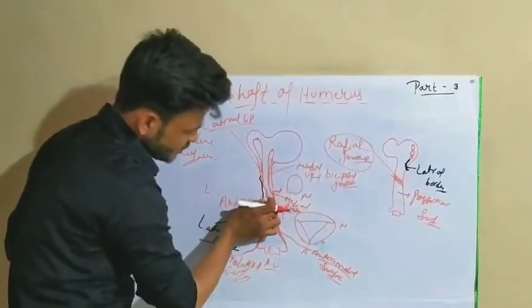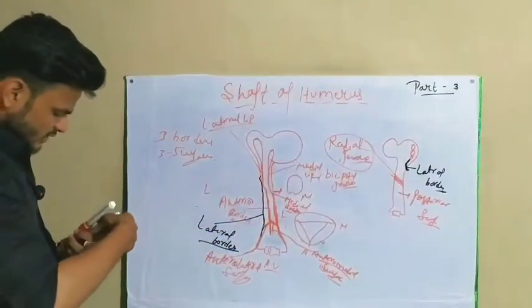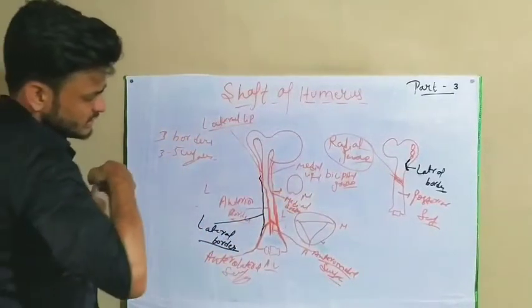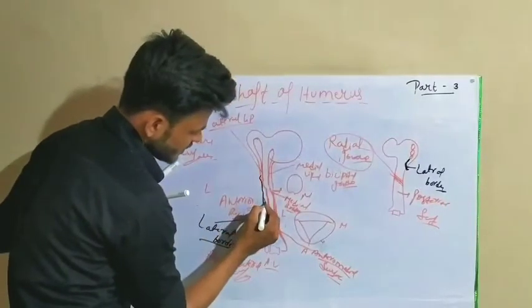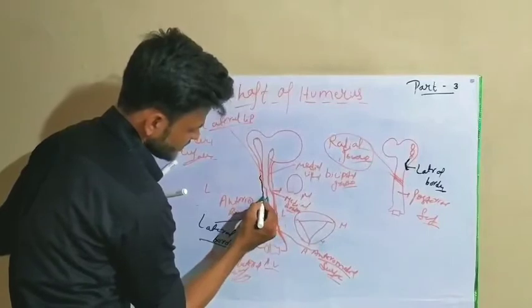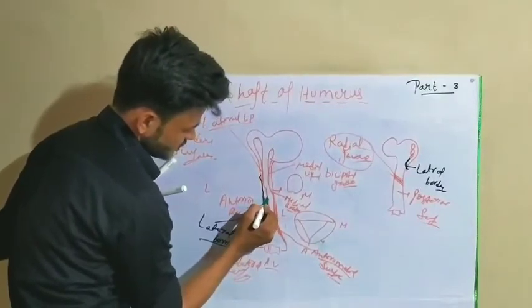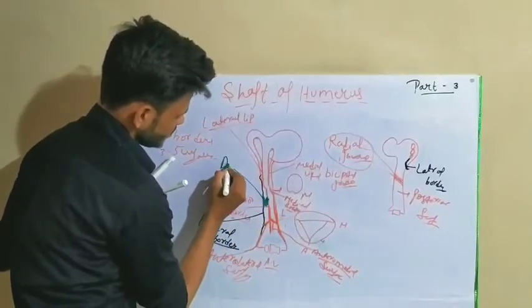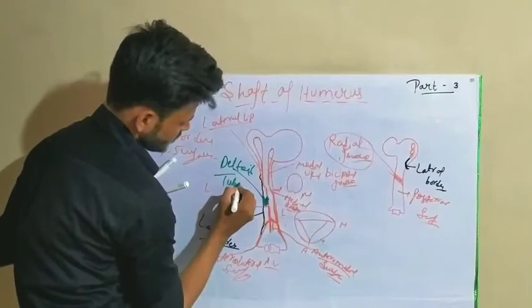And on the middle half of the anterolateral surface, there is one more structure, a V-shaped tuberosity. This tuberosity is called the deltoid tuberosity.